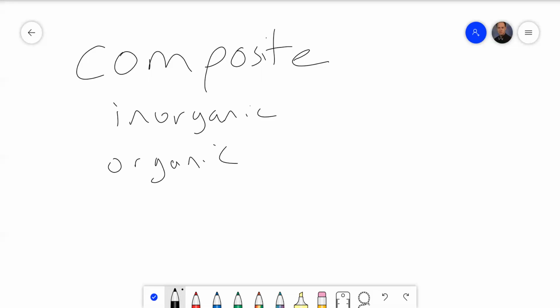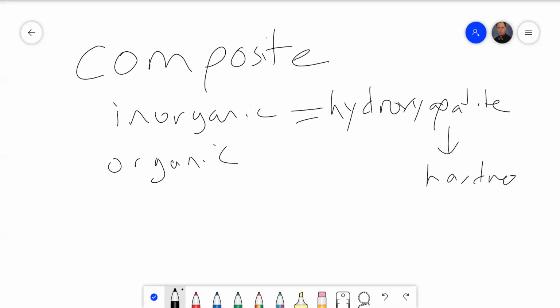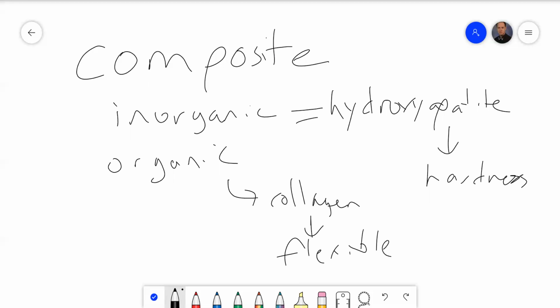When you see the inorganic part of bone, you need to associate that with a mineral salt called hydroxyapatite. And this is the hardness of bone. The organic part of bone, when you see that, I need you to think collagen. This is the flexible part of the bone.